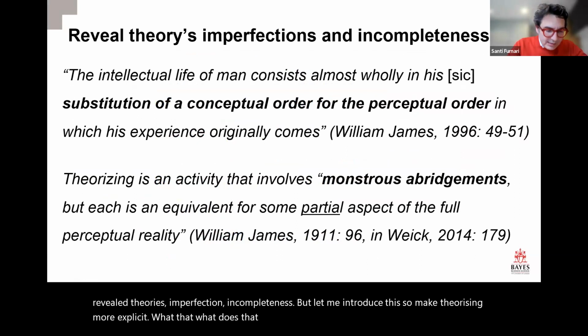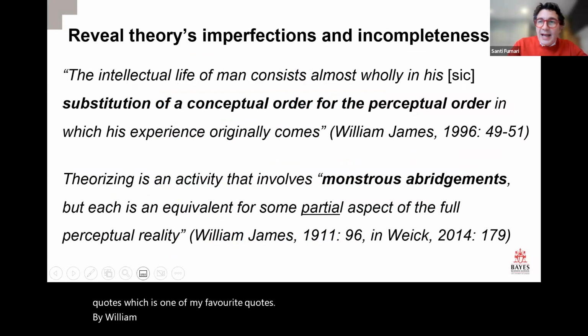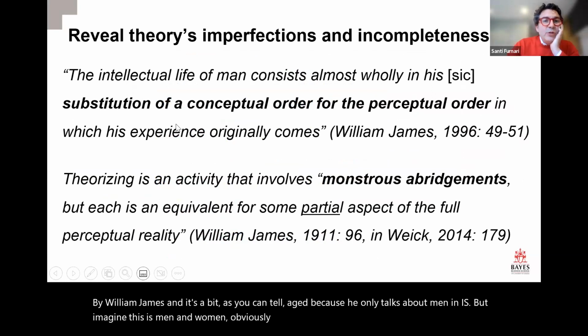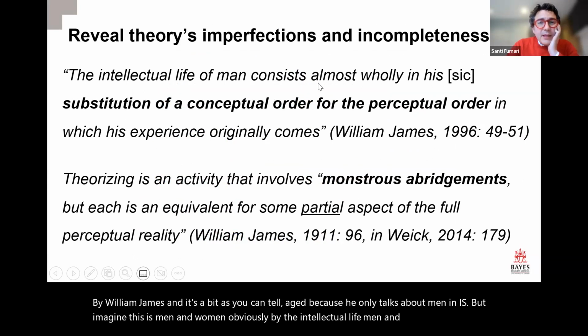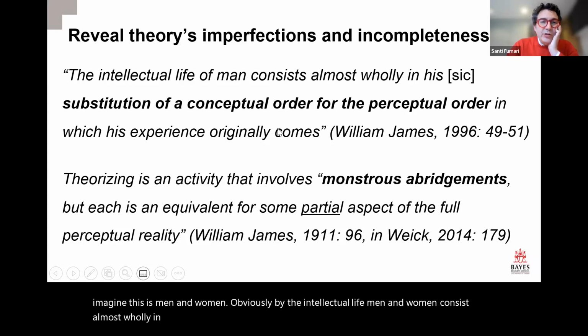I want to start from one of my favorite quotes by William James, which is a bit aged because he only talks about men, but imagine this is men and women: the intellectual life of men and women consists almost wholly in a substitution of a conceptual order for the perceptual order in which their experience originally comes.